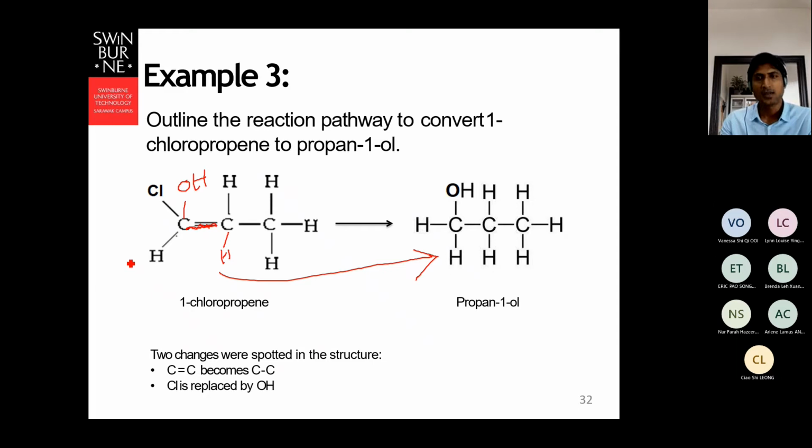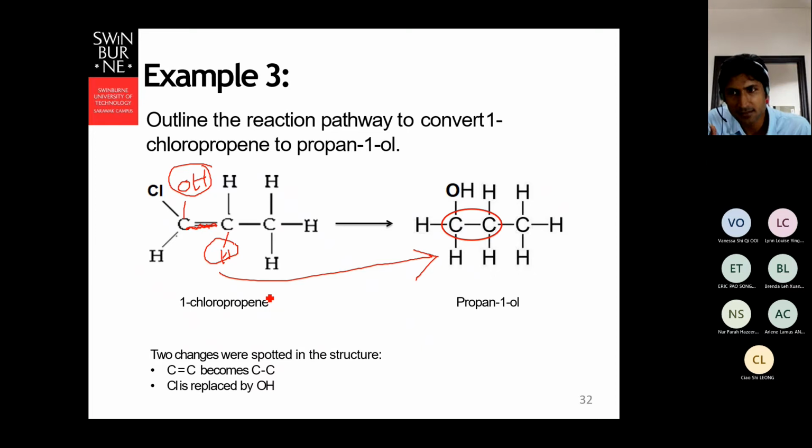So how can we do it? Simply, we know that we need one hydrogen and one hydroxyl, and there are 2 ways we can produce it.